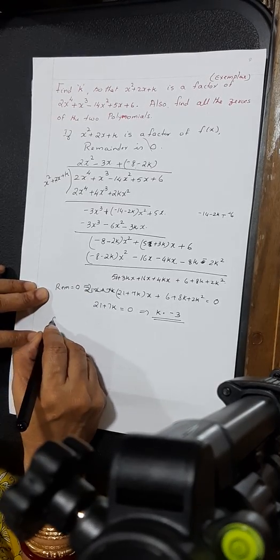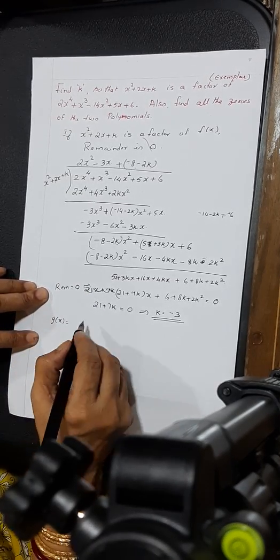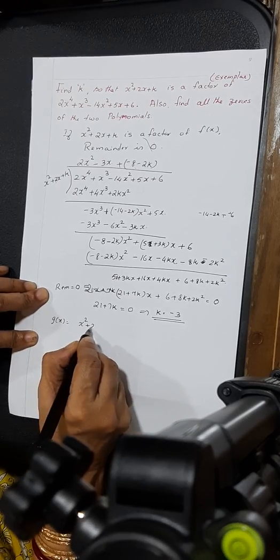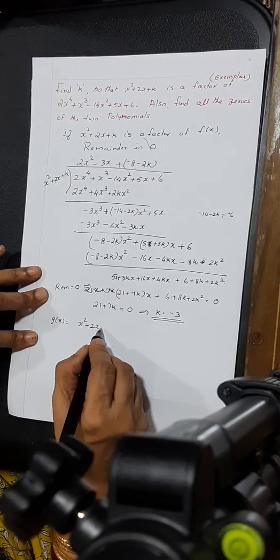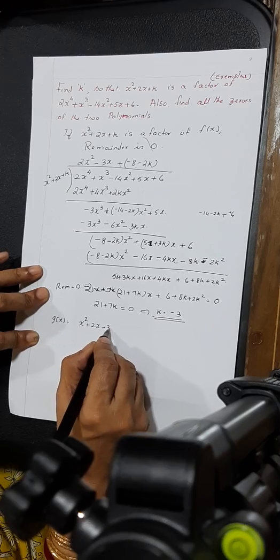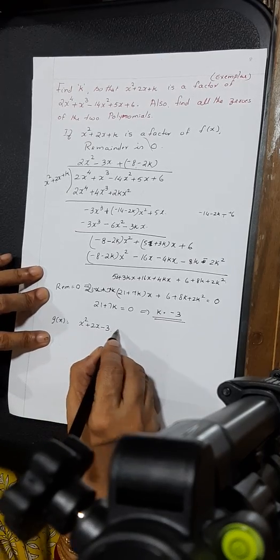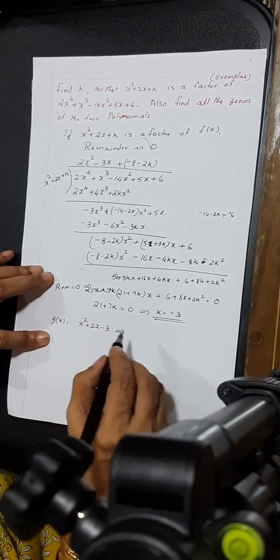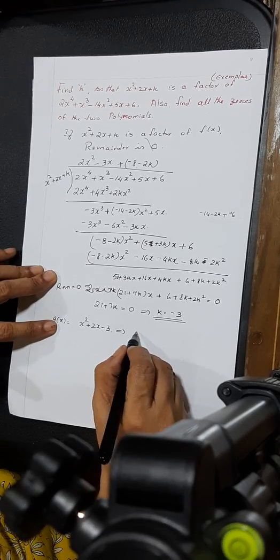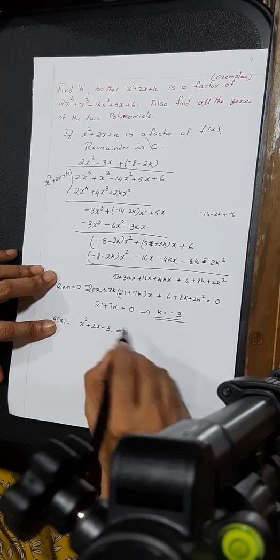Now g of x will be x squared plus 2x minus 3. So this we factorize, and we will get the zeros. We will split the middle term.